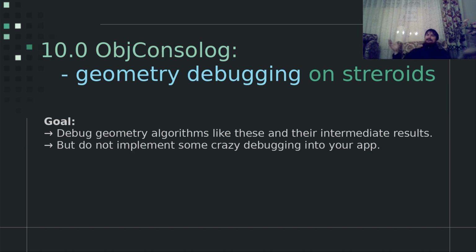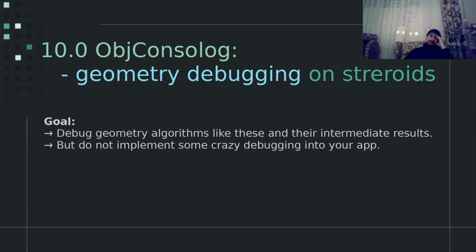But you don't want to implement crazy debugging into your application. Of course, we can implement a debugging mode in our application where, if we know the right key combination, as many older engines had, you get a debug mode and you can move vertices one by one. It will write the coordinates, it will show the normal vectors or whatever is needed.